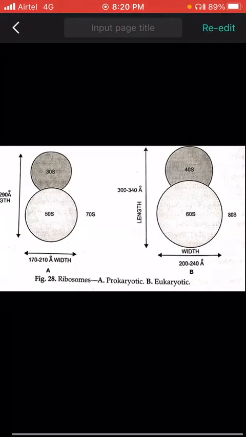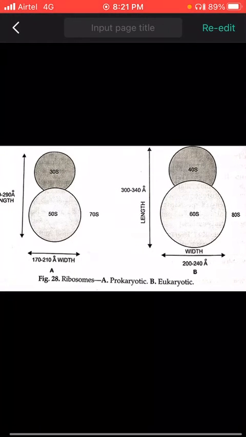Proteins: the prokaryotes synthesize 34 types, while eukaryotes synthesize 40 types. Same with the smaller units: one is 30S and eukaryotic is 40S. So it is very clear with this figure.